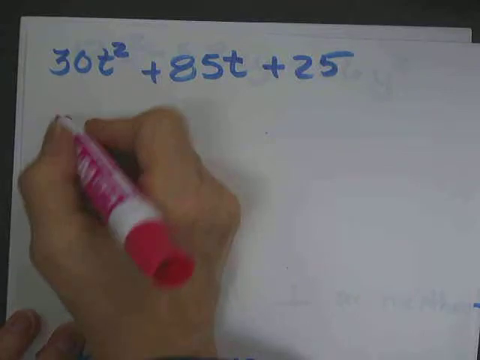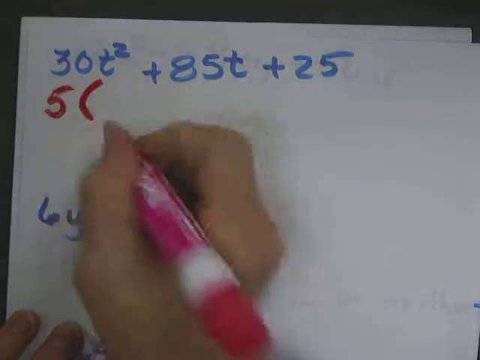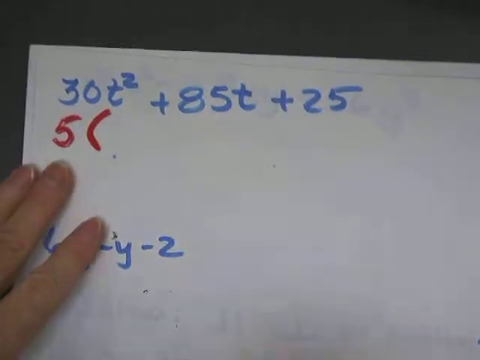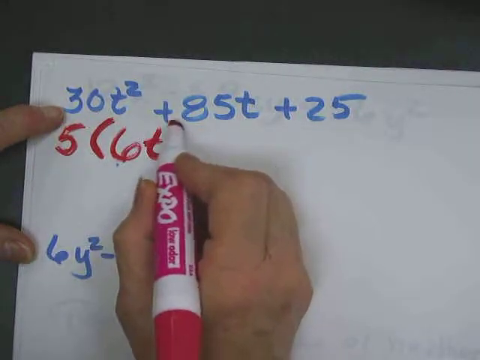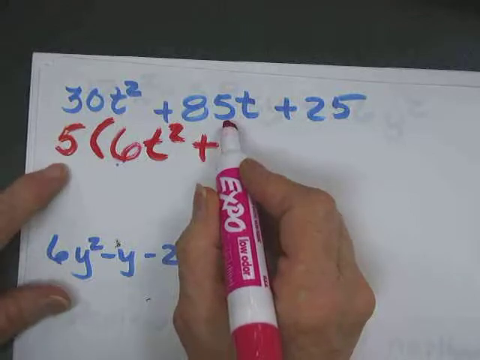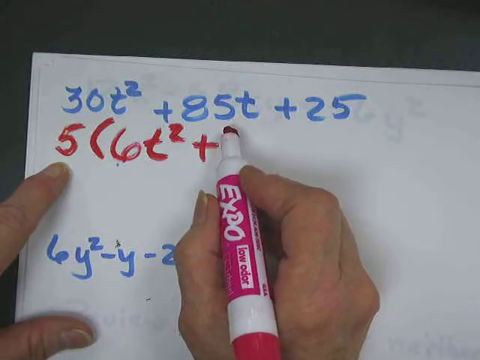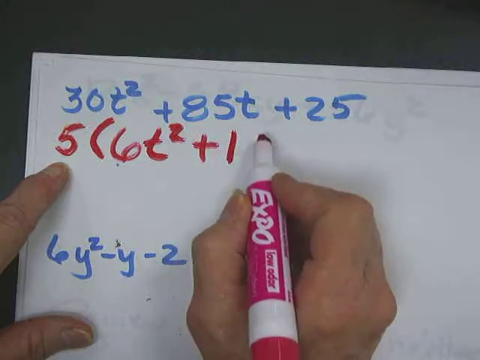How about before we multiply 30 and 25, why don't we see if there's a common factor? 5. 5, yeah. Okay, so we will divide up front, factor it out.